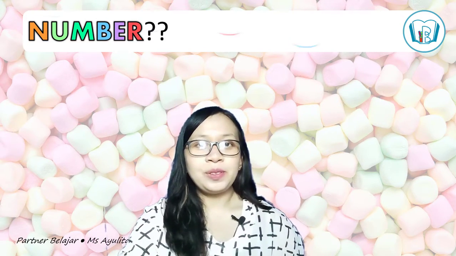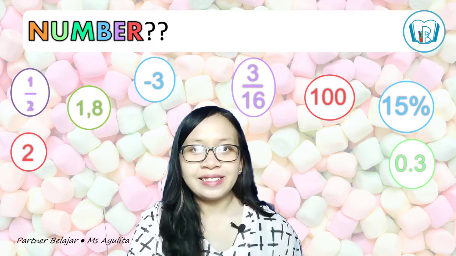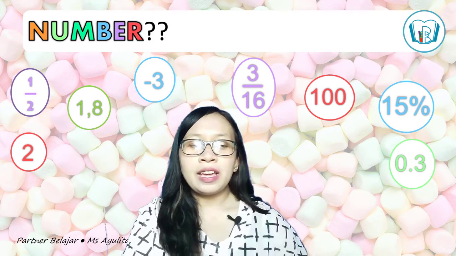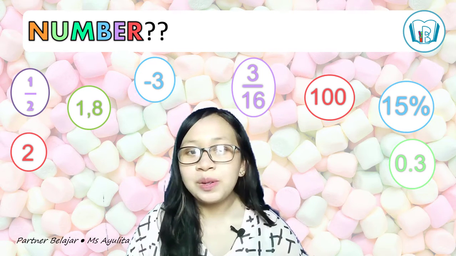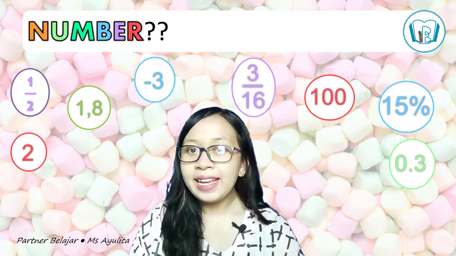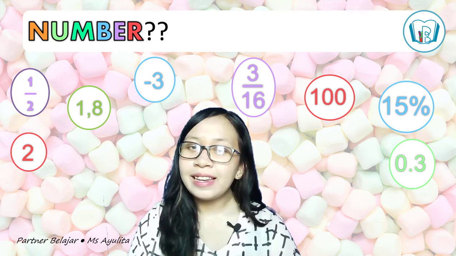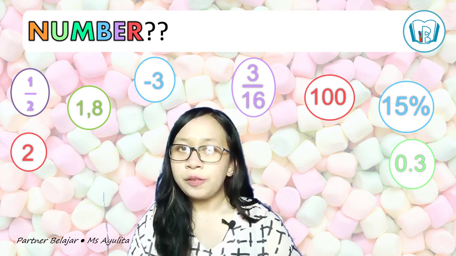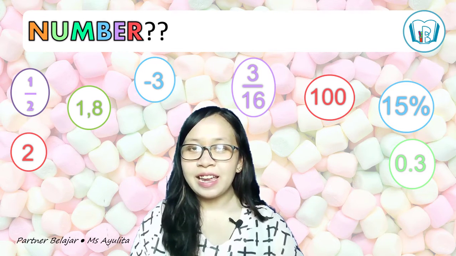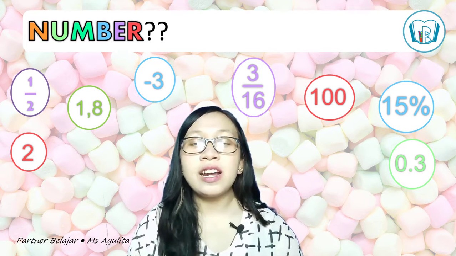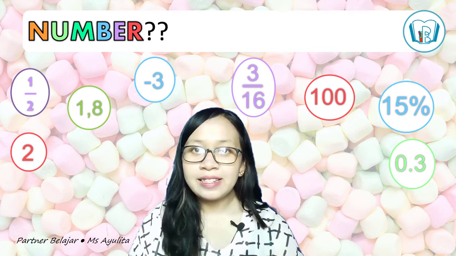Okay, and now, how many types of numbers that you know? I will give you some kind of numbers. Yep, if you can see on the screen, there are 2, 1 over 2, 1.8, 3 over 16, negative 3, 15%, 0.3, and 100. Okay, so these are different numbers, right?